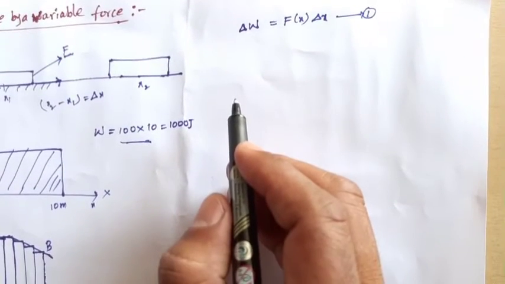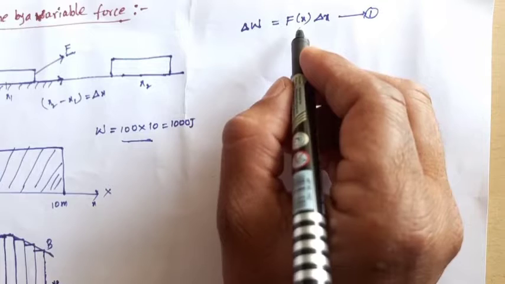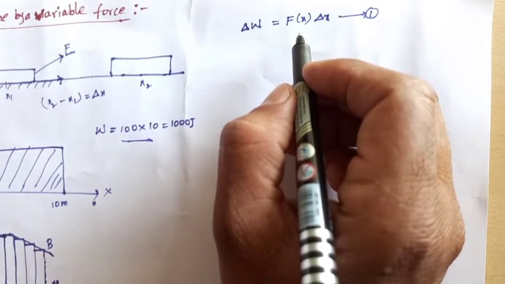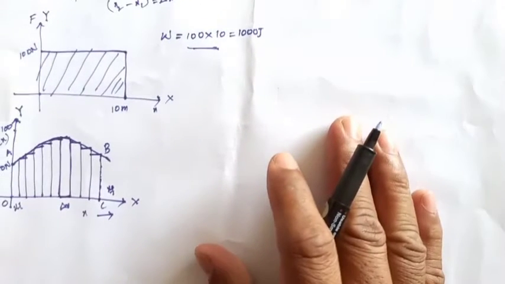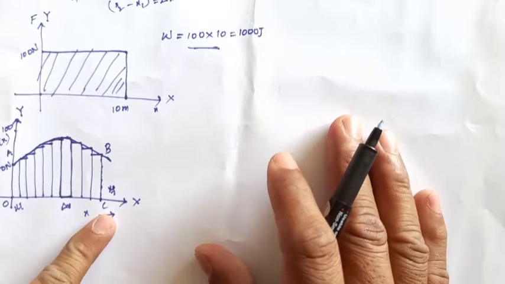Here the initial position is xi and the final position is xf.